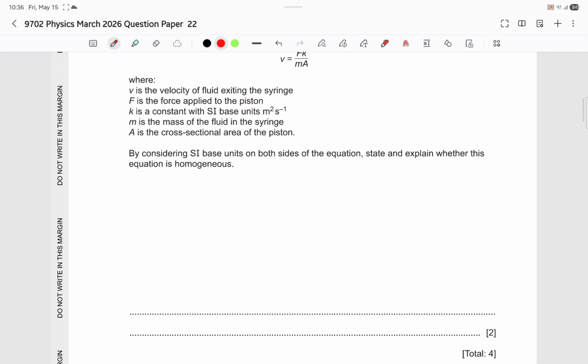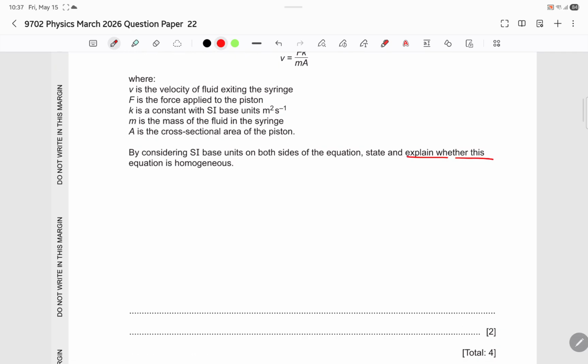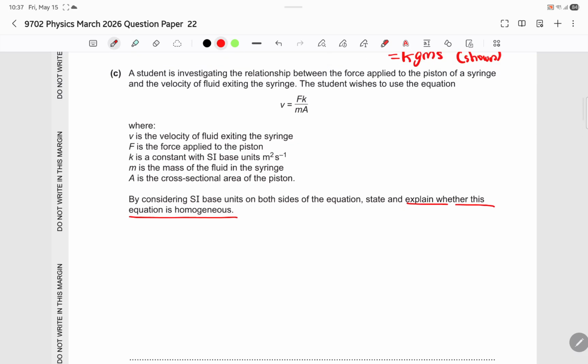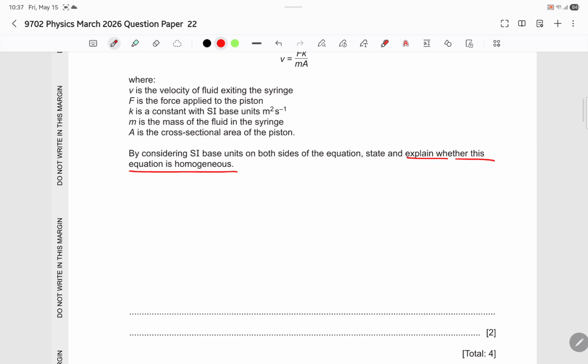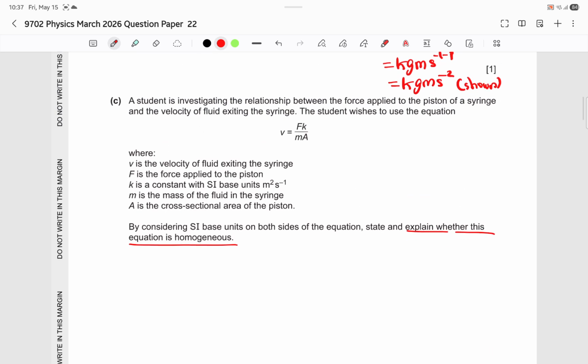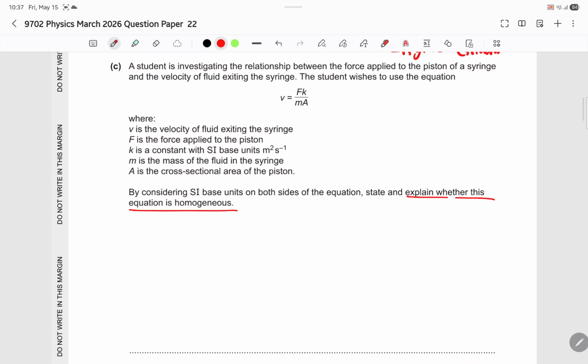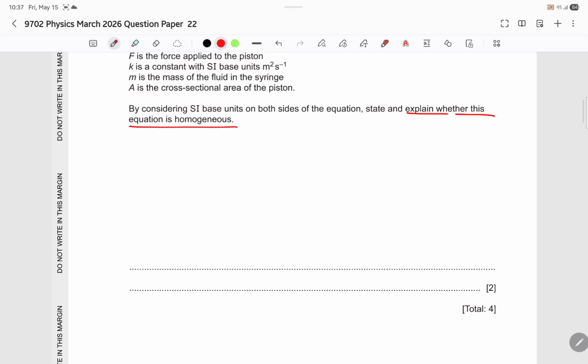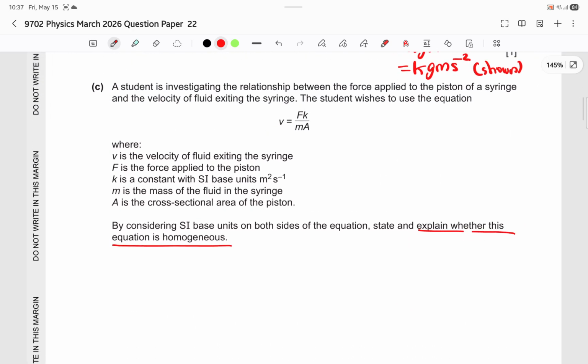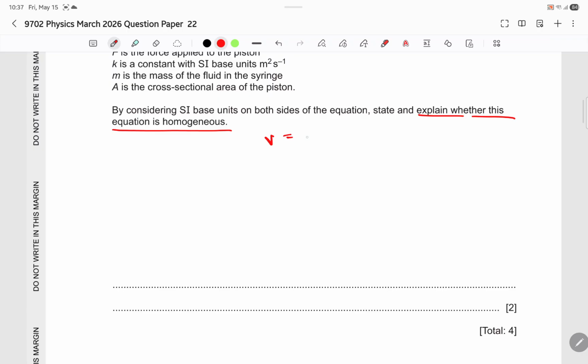We have to state and explain whether it is homogeneous or not. If both sides end up with the same units, that means it is homogeneous. If not, it is not homogeneous. So velocity, V equals F k by M a.